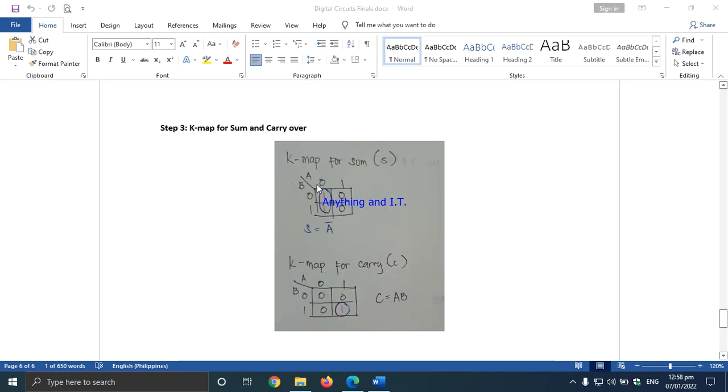So this will be the output, wherein we could now derive the Boolean expression for sum, which is A bar or A complement. So hindi natin sinali si B kasi nag-change siya ng value. Naging A complement siya because nagiging 1 yung output if A is 0.